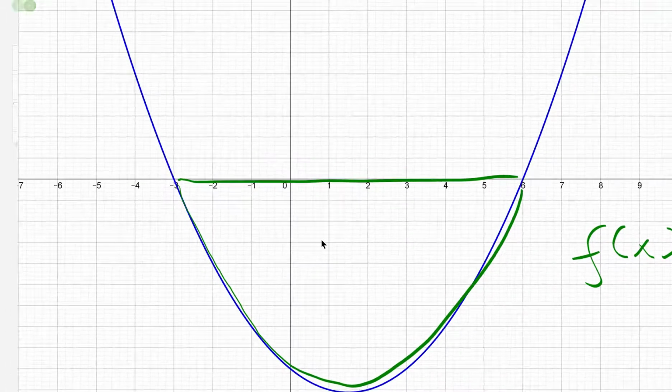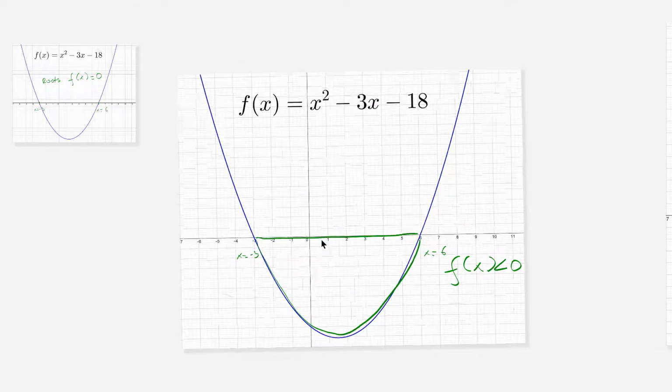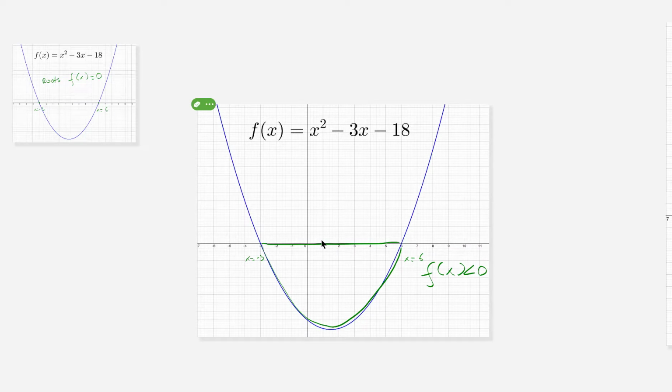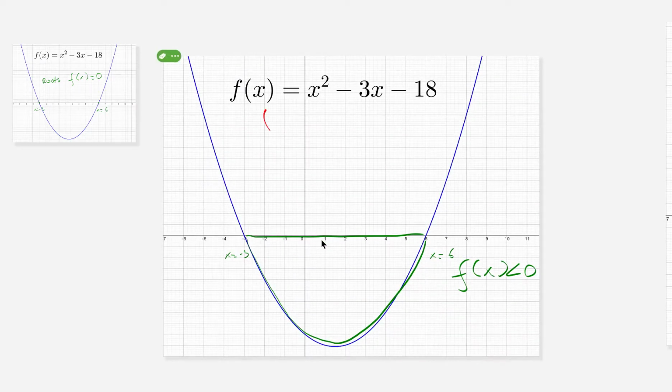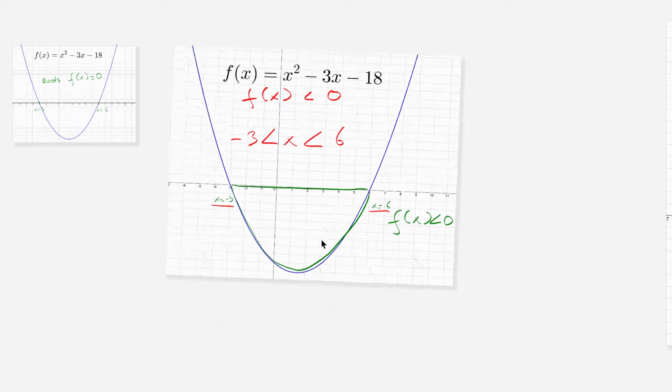Once again, if we zoom in, you can see that those roots are at x equals minus 3 and at x equals 6. But what we care about is the x values in between the two roots. So where is the function less than 0? This function will be less than 0 when x is between minus 3 and 6. And we write that like this. When x is between minus 3 and 6, this function is less than 0.